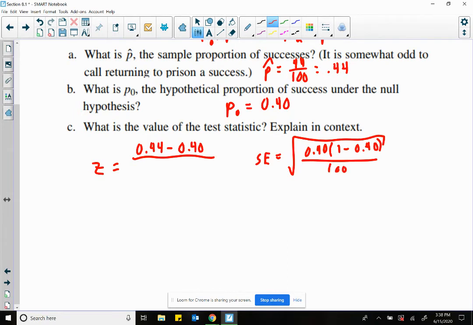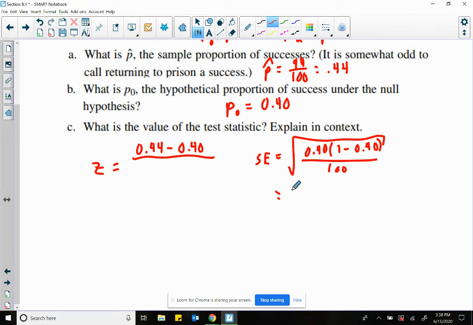So you just go to your calculator and type in your information. Hit second x squared, then alpha y equals to put in the fraction, 0.40 parenthesis 1 minus 0.40, close the parenthesis, all over 100.